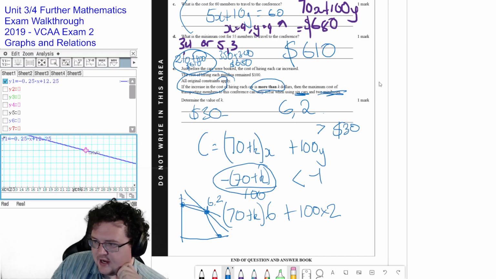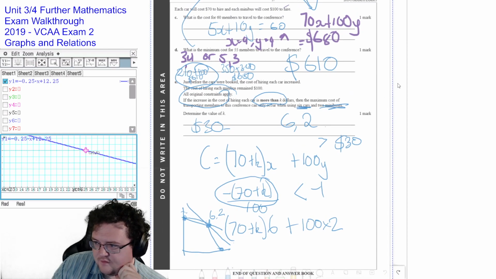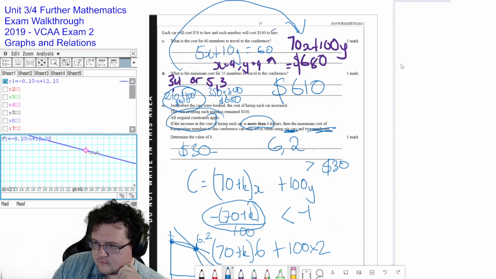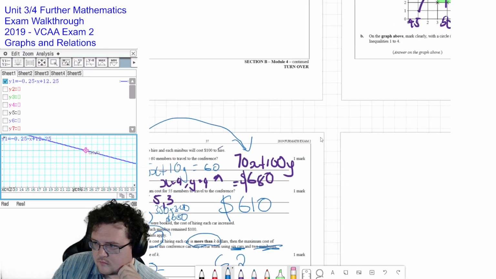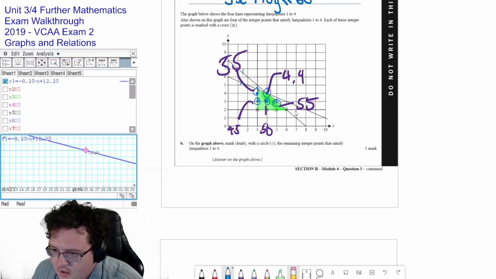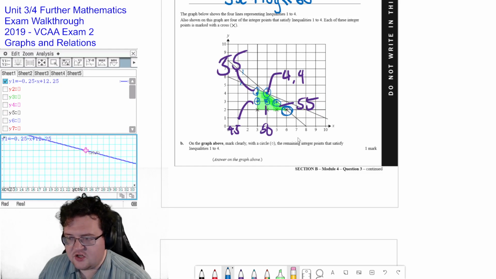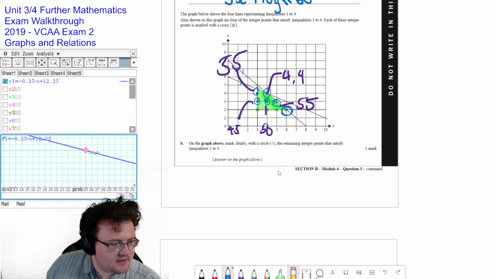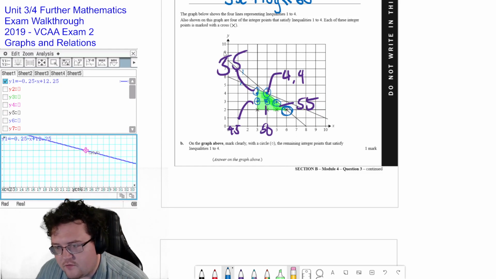So if we go back up and we look at our graph, there's 6,2. What is the gradient of the line that it sits on? Well, it goes from 0,8 to 8,0.